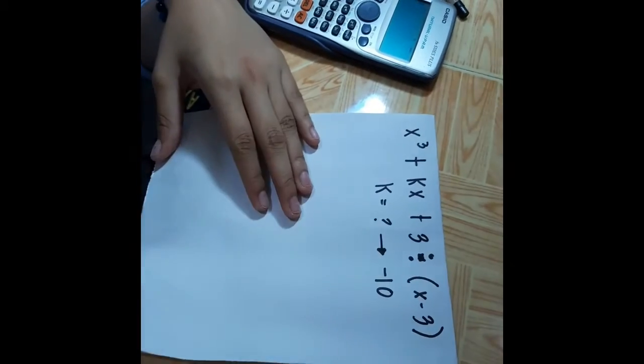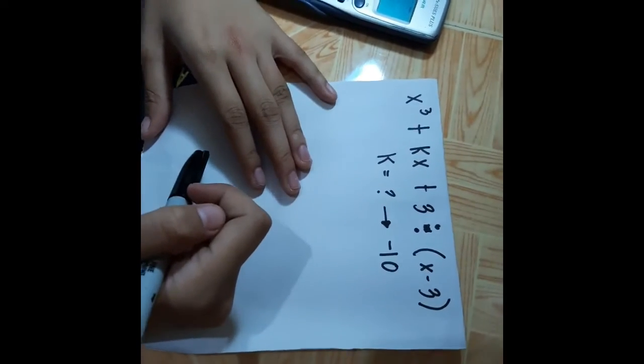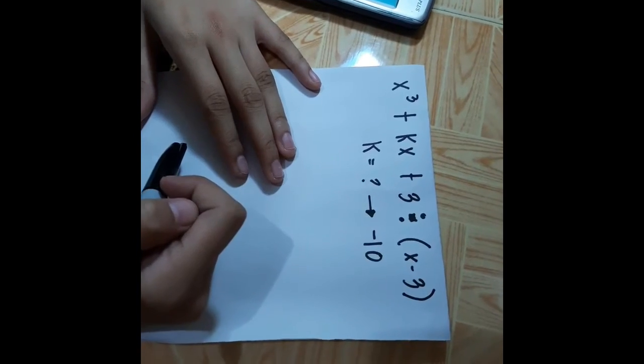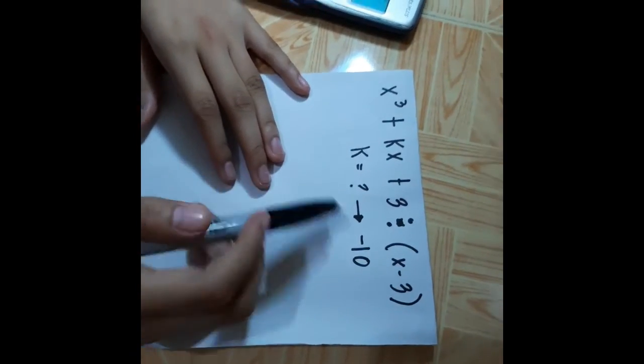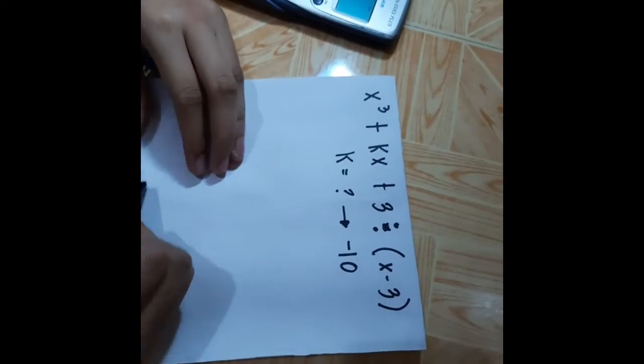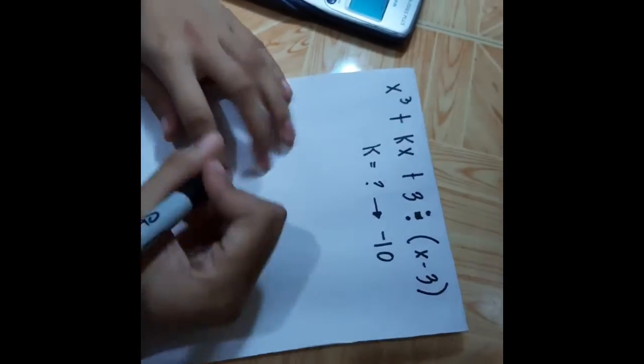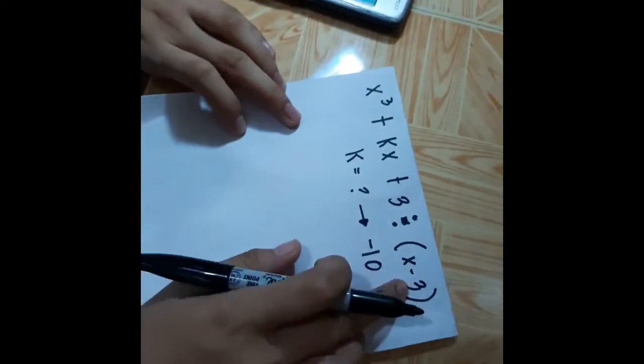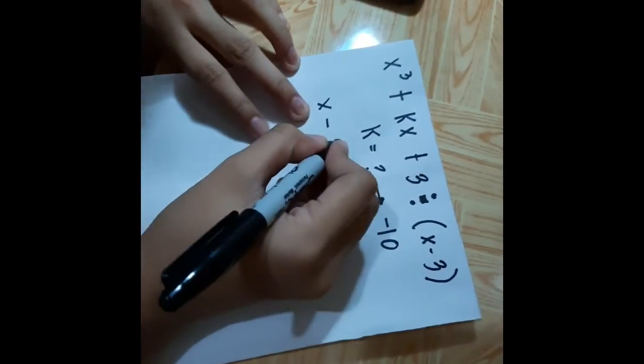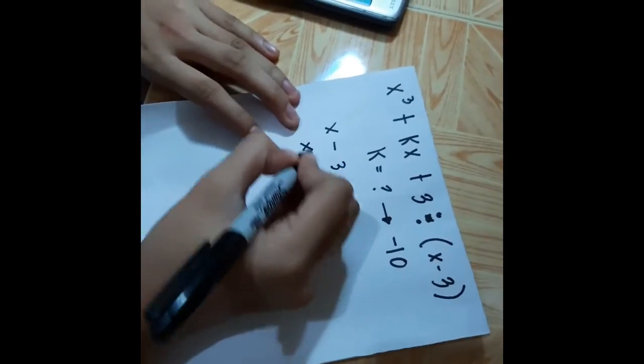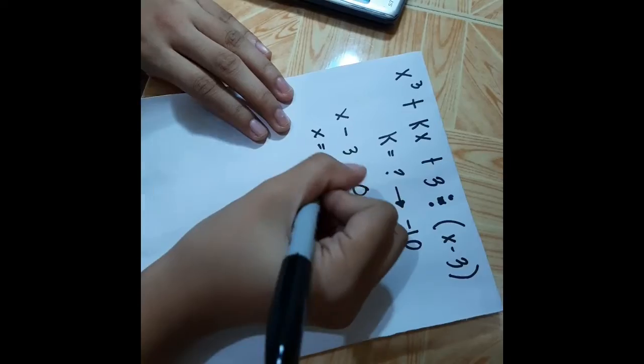And the last example is x cubed plus kx plus 3, divided by x minus 3, where k is equal to negative 10. So in order to solve this, we should use synthetic division. So x minus 3 is equal to 0, so x transposes to positive 3.